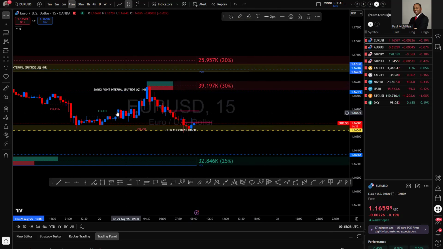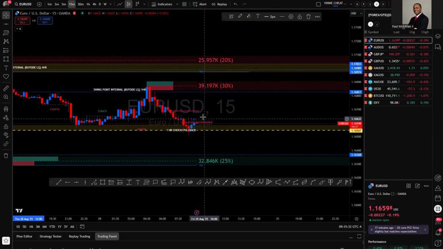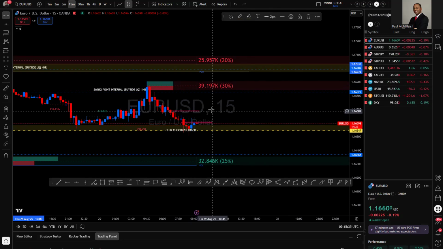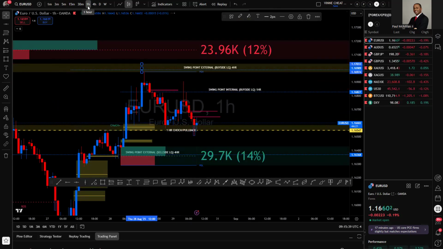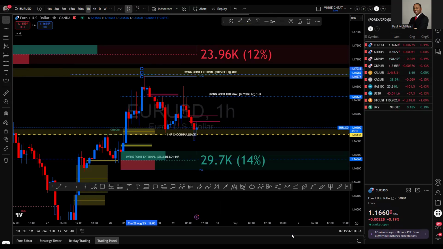I'll pause this recording to see where we're at. We can get a fair value gap in the 15 minute and then close above it. We may take another 15 minute, but the 1 hour is probably going to be a better option. So what I'm going to do is just pause this recording. Once we get to 10:15, we'll see if we lock in the fair value gap.